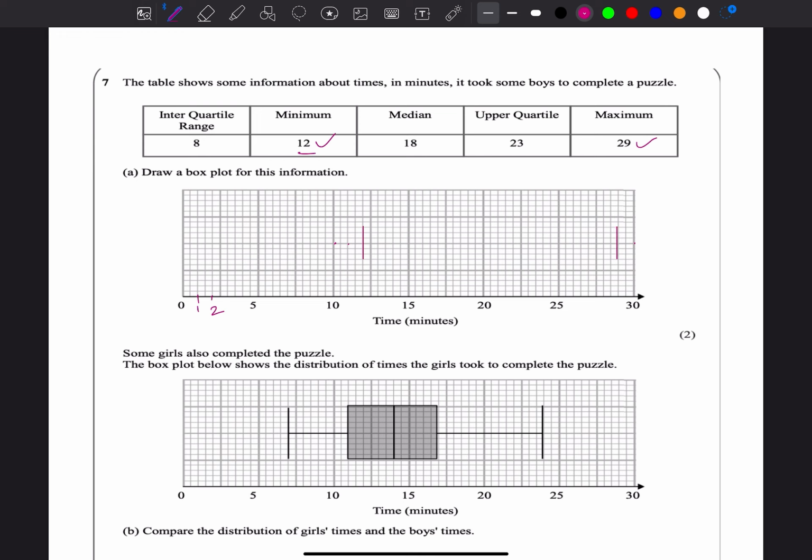Median is 18: 15, 16, 17, 18. Upper quartile is 23: 20, 21, 22, 23. Interquartile range, you take away from the upper quartile. So 23 take away 18, that makes lower quartile is 15.